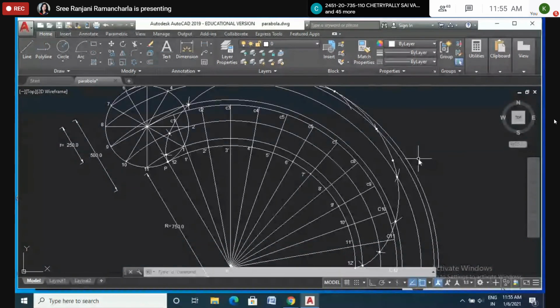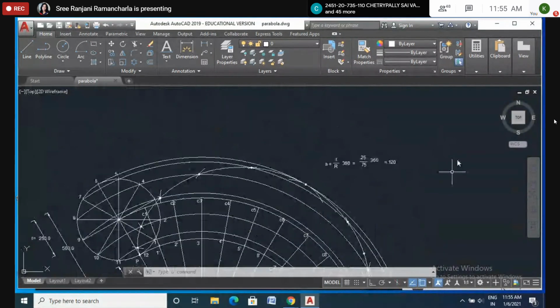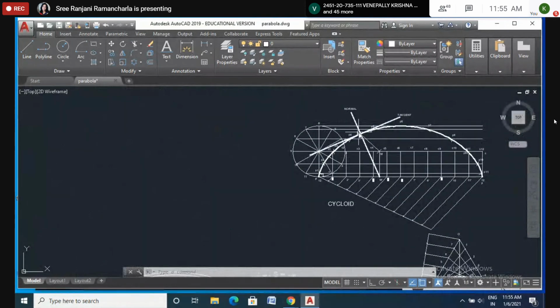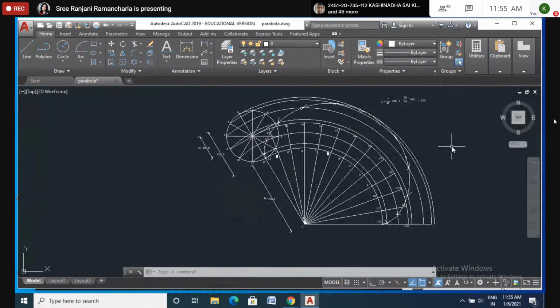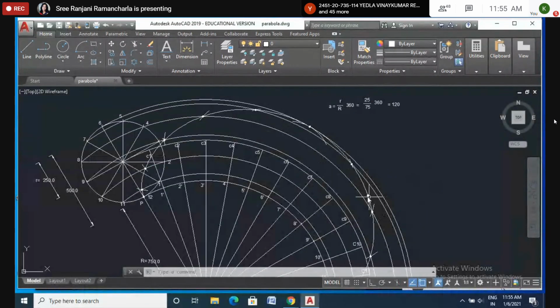So here what I have to do? What we have done after that? After selecting the P, we are taking the radius till the center line. So here also we have to take the radius till the center line. So center line from here, measure 2.5 and mark on the center line.